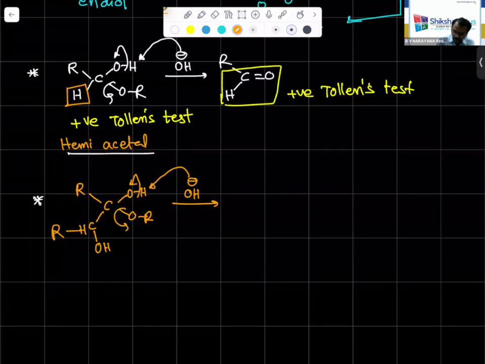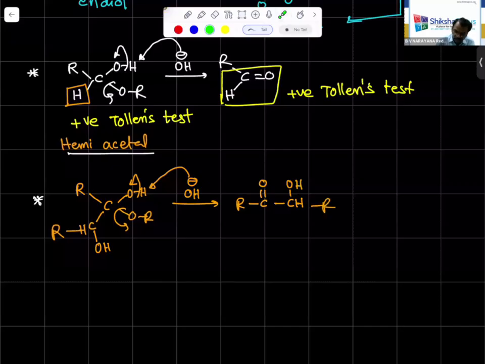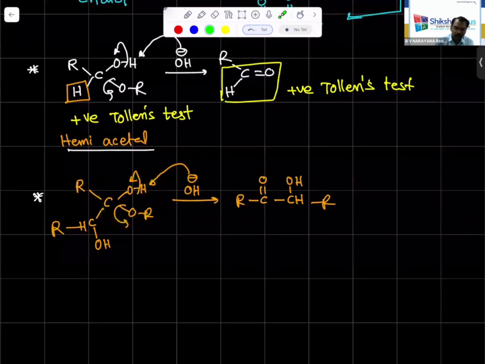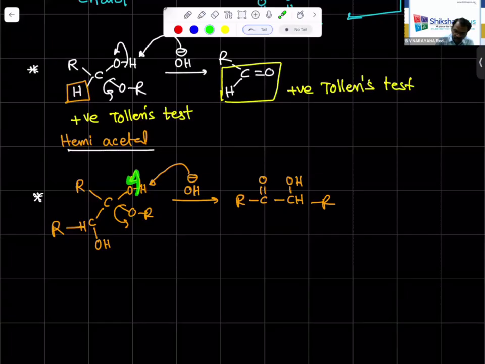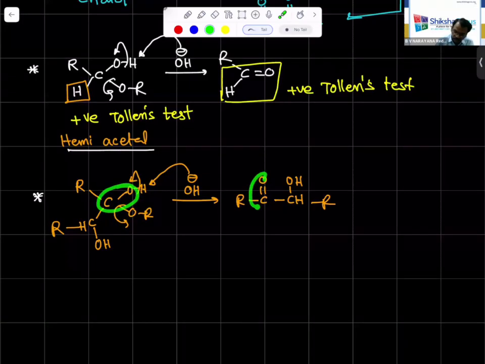After that, OR group takes part in elimination, so that we are getting C double bond O. Next one is CH, OH, and R. This carbon atom changes to C double bond O group. From this oxygen H plus, from this carbon OR group is eliminated. Therefore, we are getting C double bond O, and adjacent is CHOH.